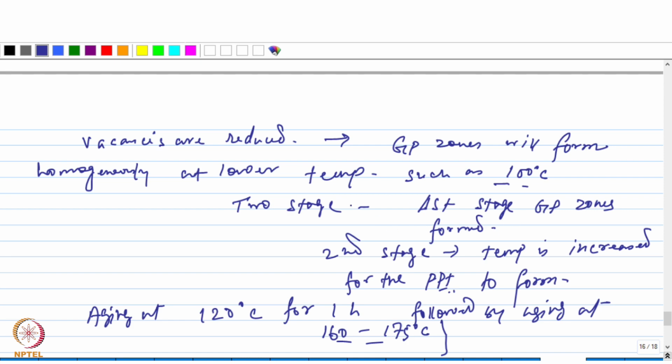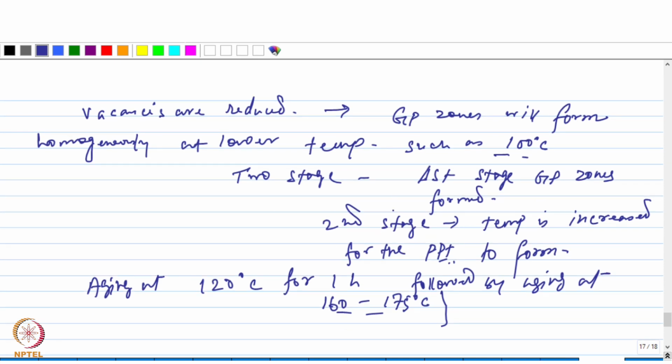This will take care that the GP zones form first when you age it in the first stage at a lower temperature, and once the GP zones form and get stabilized, you can raise the temperature for the precipitation to occur, and that's when your eta prime precipitates will form. And now that the GP zones have already formed, there is no difficulty for the formation of the eta prime precipitates all over the place uniformly. So that's the objective of having this two-stage aging process in this set of alloys.